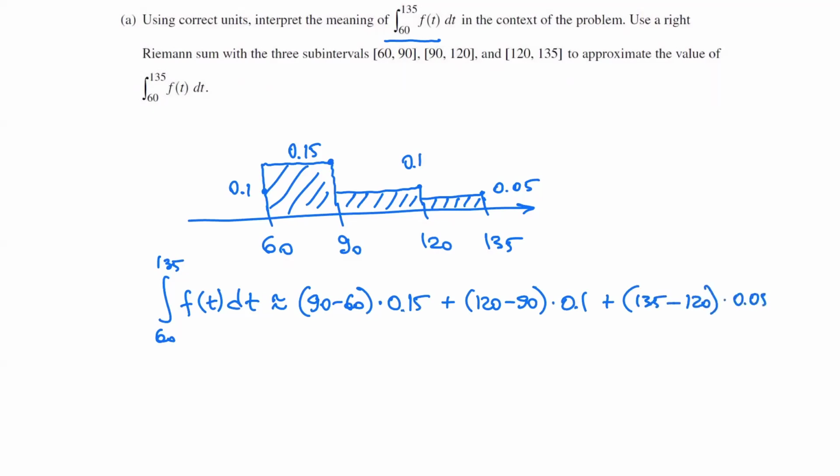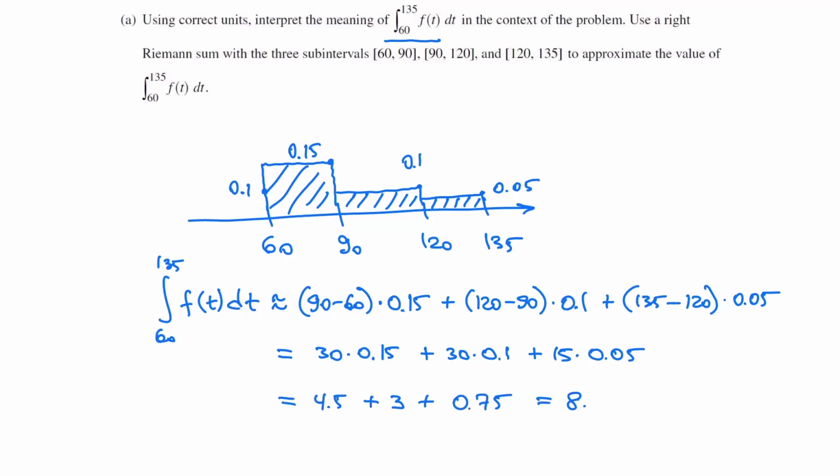We can use our calculator or just calculate in our heads. This is 30 times 0.15 plus 30 times 0.1 plus 15 times 0.05, and this is equal to 4.5 plus 3 plus 0.75, which is equal to 8.25.